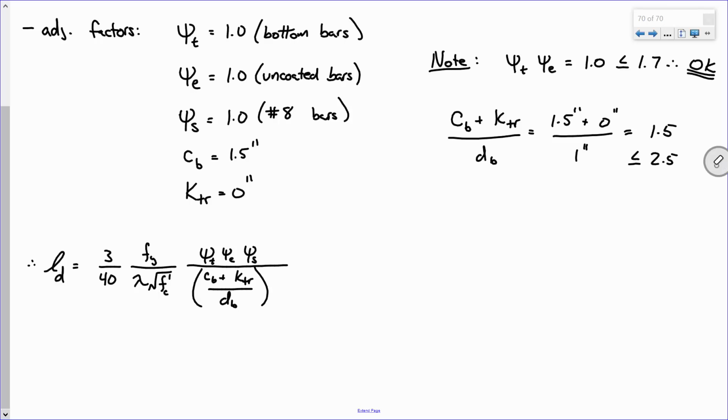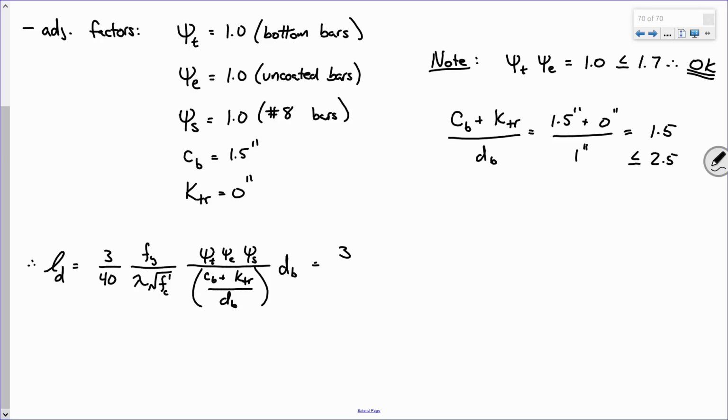Then we multiply the whole thing times dB. All right. So plug and chug. We get 3, and I'm actually just going to do it as one big fraction, everything on the top and everything on the bottom. So what's Fy?